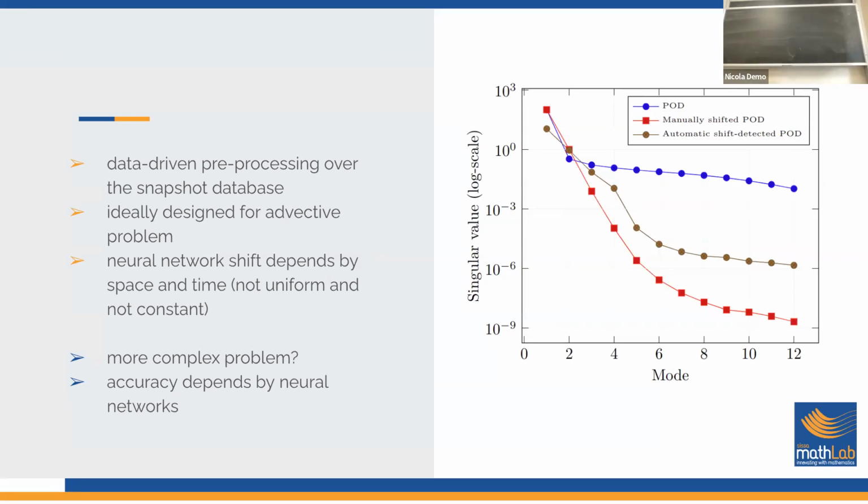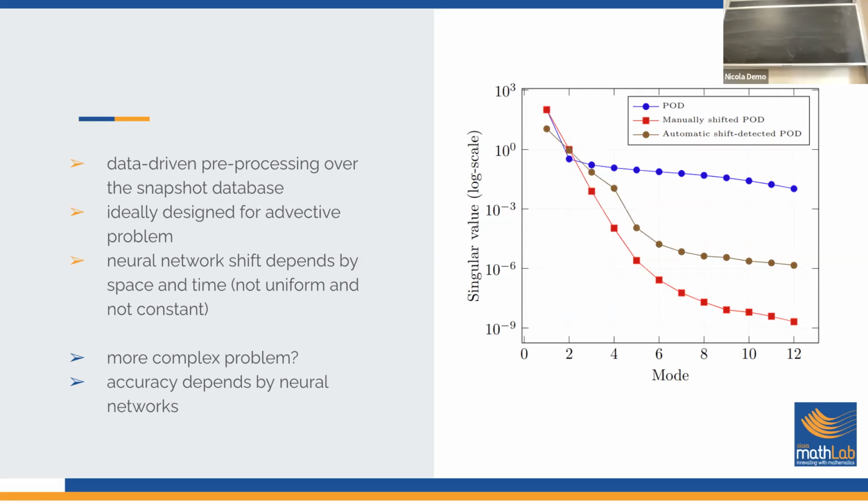You can see that there is no very evident decay, so it's not able to really see the intrinsic dimension. Whereas in the manually shifted, the red one are the almost optimal one, because we take a benchmark where we know everything about it, and we manually translate the snapshot looking at the velocity field. So this is basically the best we can do with this framework.